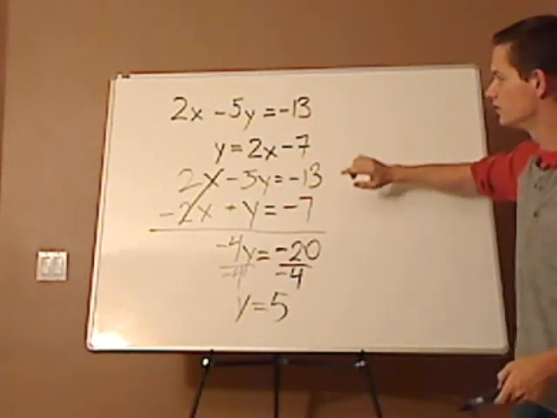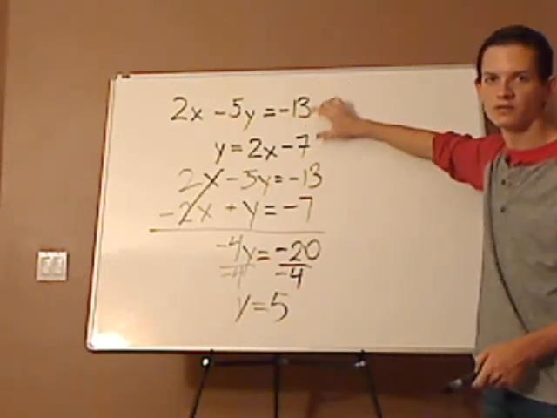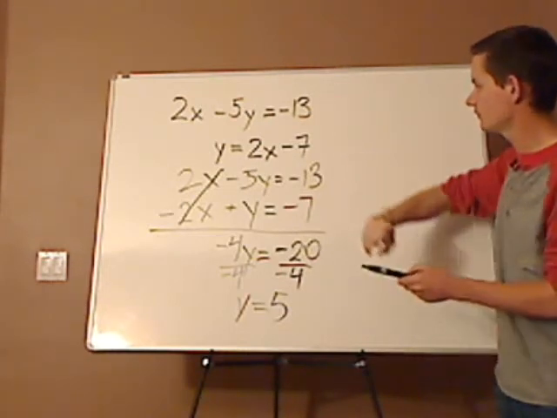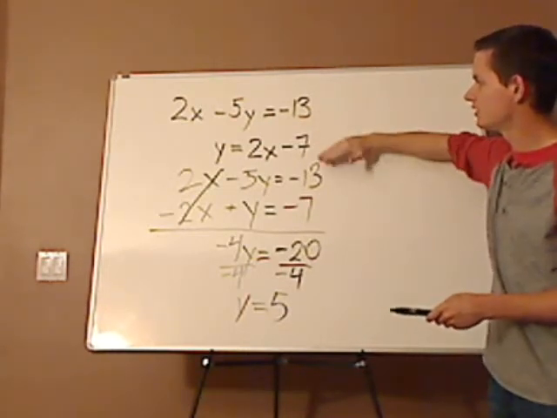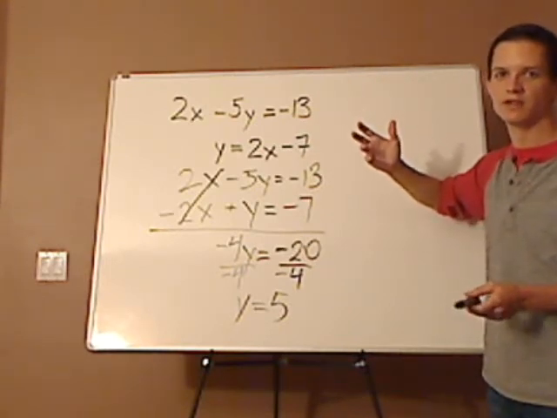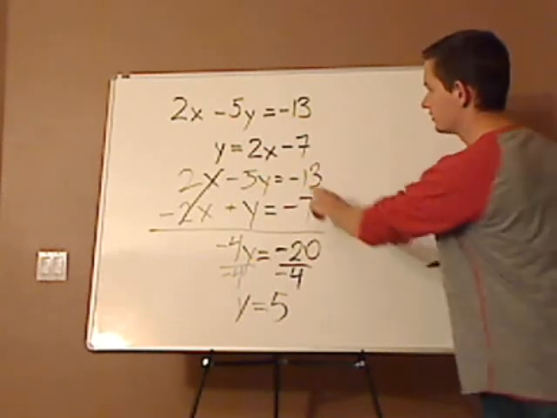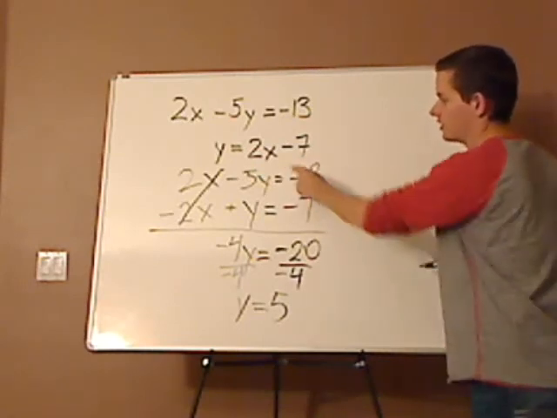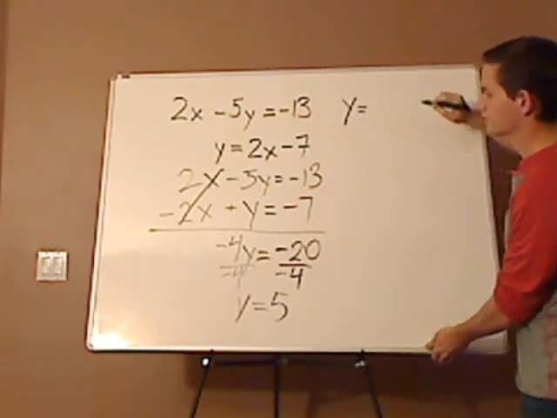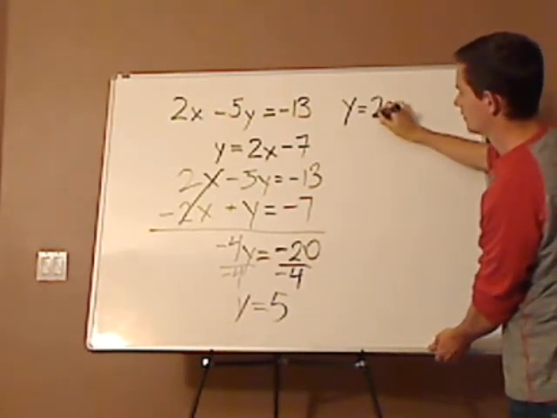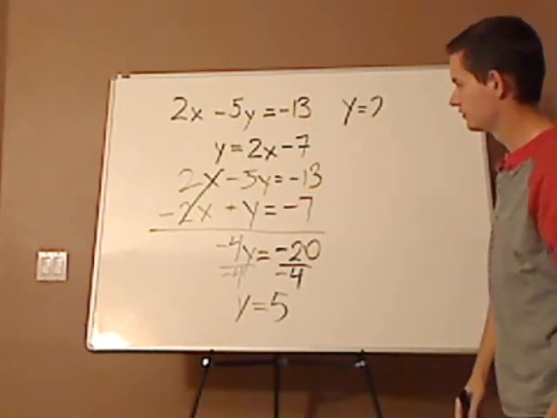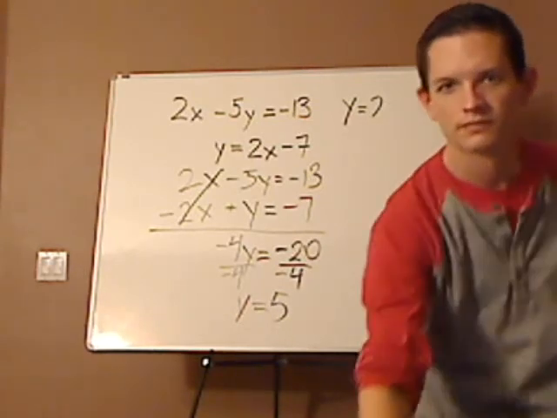Next, what you want to do is decide which one you're going to plug it in. When you plug it in, no matter which equation you plug it in, you're going to get the same answer. You can try that if you don't believe me. So I'm going to plug it into this one because the y is already by itself. Actually, you don't have y by itself.